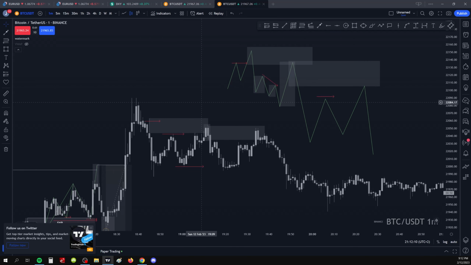Why? First of all, the rule of thirds. 1, 2, 3. This is an inducement. But also, if you think logically, people that think that we are still going up, where are they going to long? From where? Where do you think they will long?